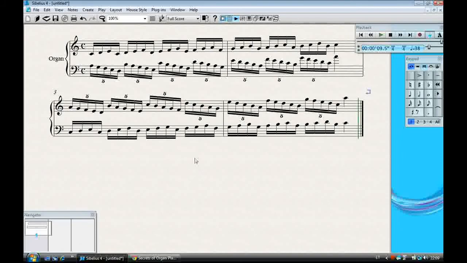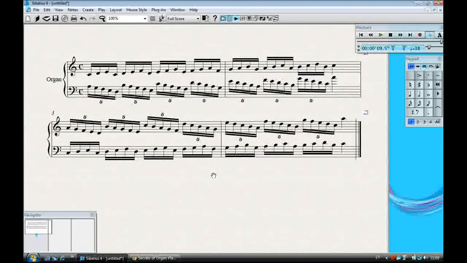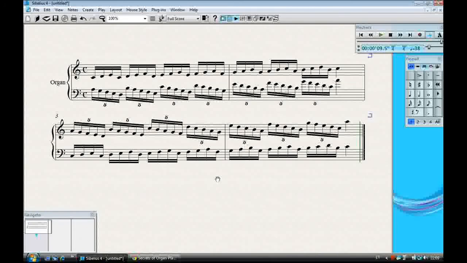So the real secret, of course, in mastering this 5 against 4 or 4 against 5 is in practicing the hands separately, and then thinking that the beginning of each beat has to come together. Everything else just falls into place if you think 4 in one hand and 5 in another hand.